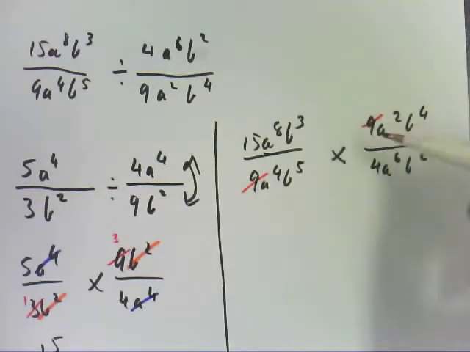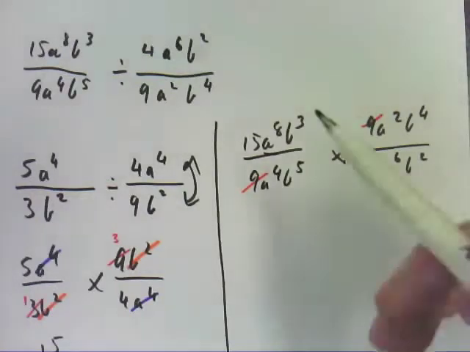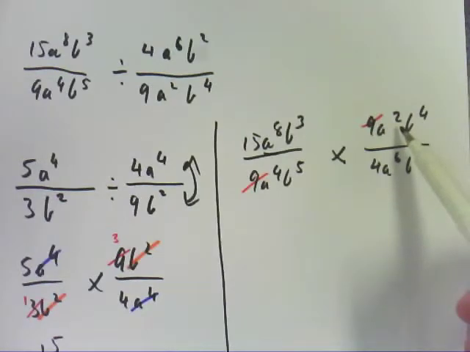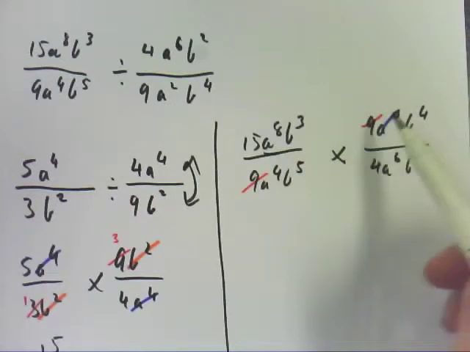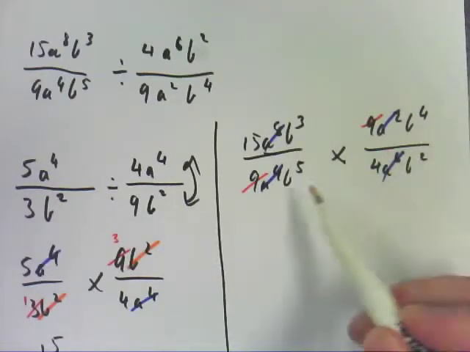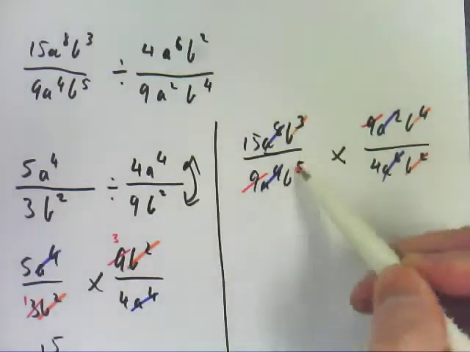How can we do this easily? If we have a look at the A's, I've got 10 A's on the top, don't I? And 10 at the bottom, so I can cross off all of them. Okay, and if we have a look at the B's, I've got 7 on the top, 7 on the bottom, so I can cross off all of them.